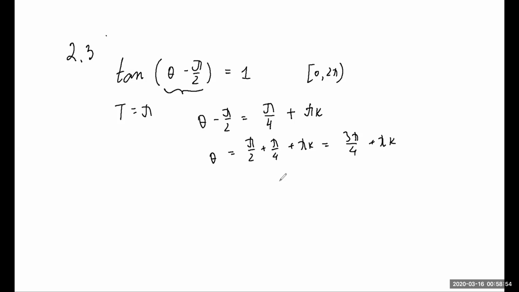Now I'll need to find possible angles which are fitting into my interval. Well, obviously, the first one, 3 pi over 4, is going to work because it's from 0 to 2 pi. Now, if I set up k equals 1, I'm going to have pi plus 3 pi over 4, which is going to give me 7 pi over 4. 7 pi over 4 is still inside of the interval. And that's going to be 2 solutions.